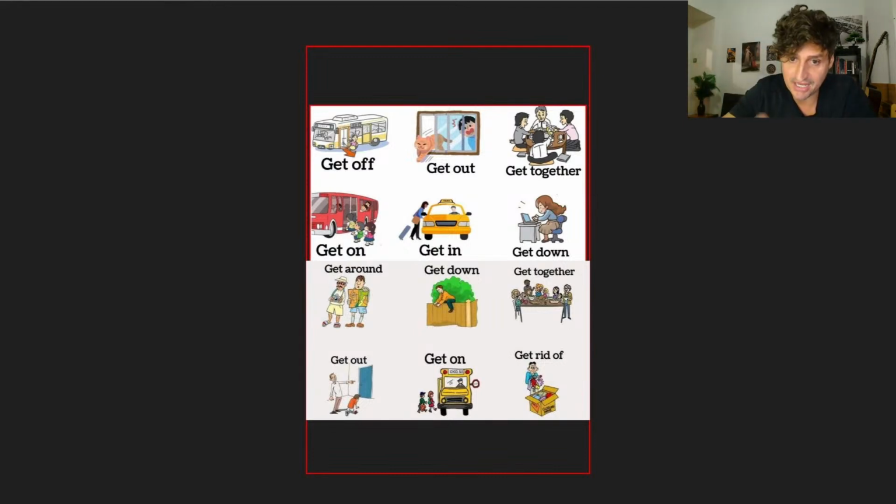Get off. You get on the bus, you get off. Get off at the next station. Get out. Tell someone, hey, get out of here. Simple ones. Get together. A group of people gets together, they meet. If you get down, you become sad.